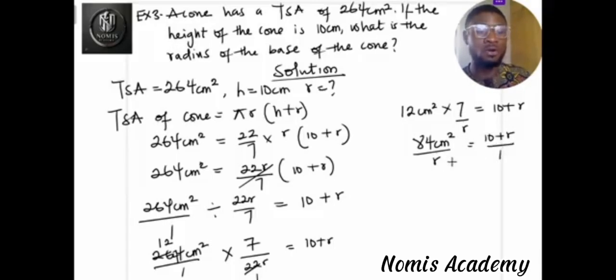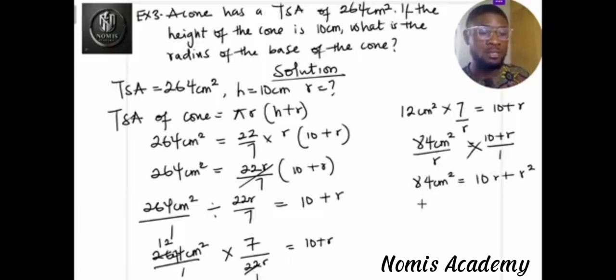Remember, this is all over 1. I can from here cross multiply again. I will have 84 centimeters squared equal to 10 times r is 10r plus r times r will be r squared. So we end up having a quadratic equation.